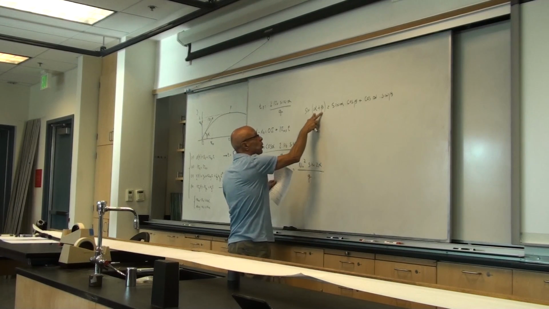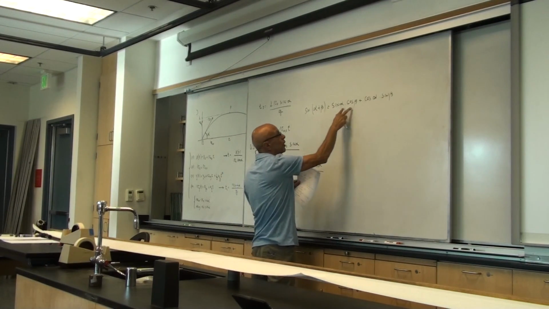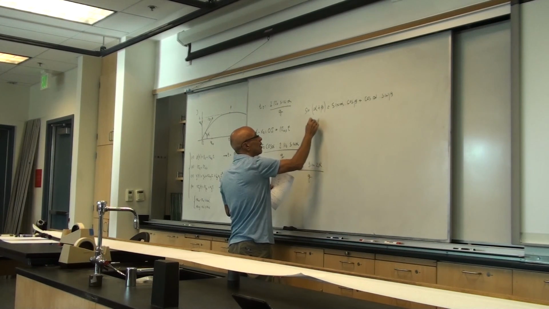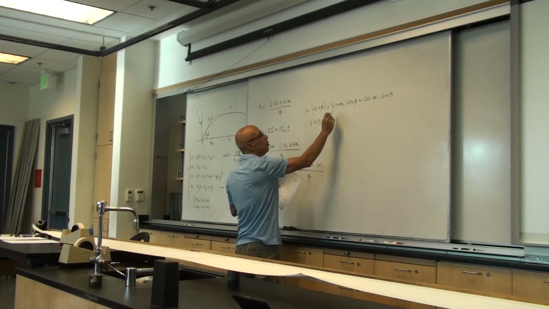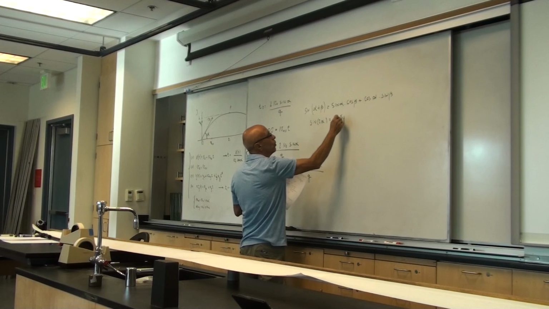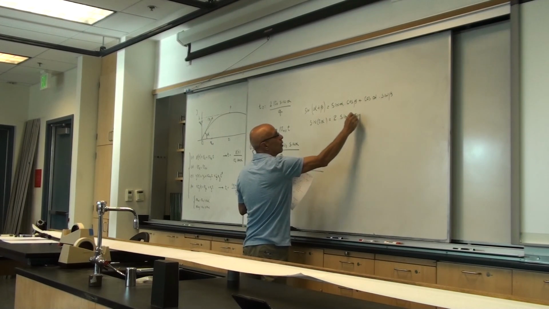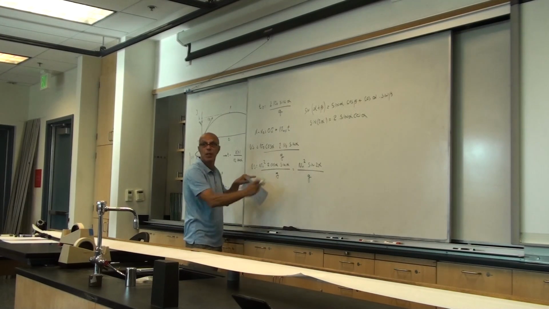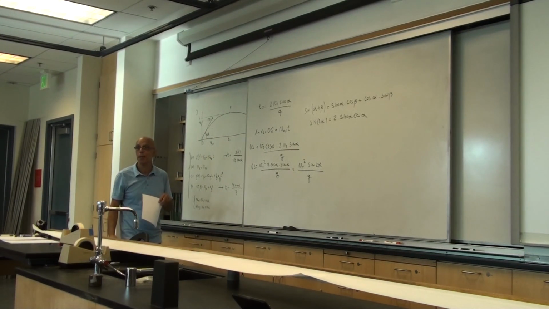Now, if these two are the same, sine 2 alpha is going to be equal to 2 sine alpha cosine alpha. And that's this here. Is that okay?